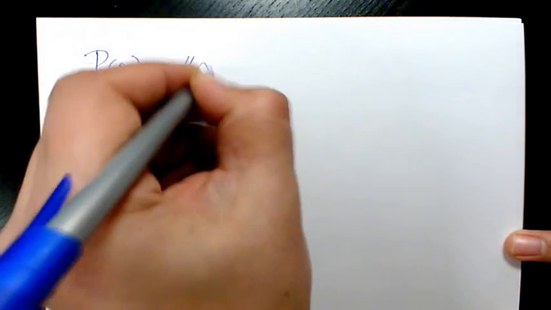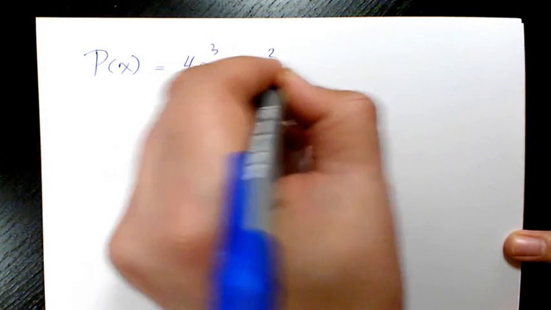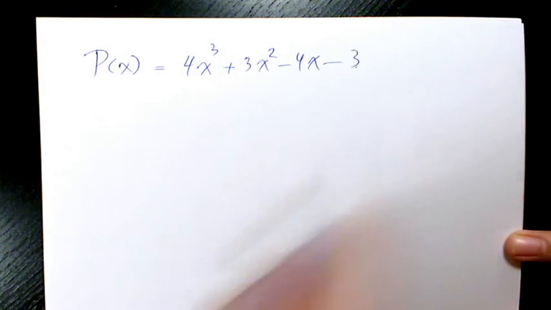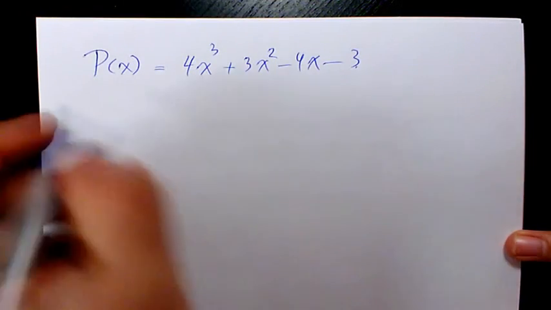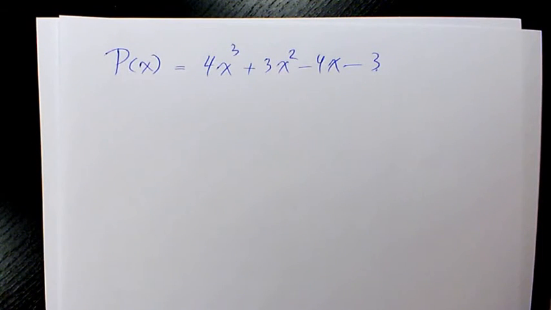The last example in this video is to factor 4x cubed plus 3x squared minus 4x minus 3, and then we need to find the zeros. Again, we start with trial and error.